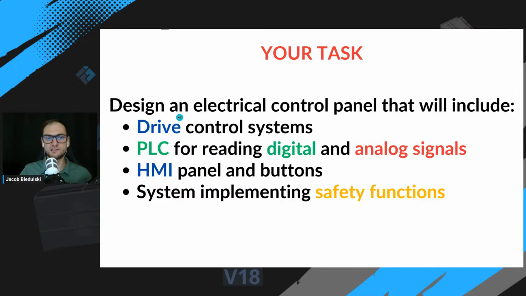Your task is to design an electrical control panel that will include drive control systems, a PLC for reading digital and analog signals, an HMI panel and buttons, and a system implementing safety functions.